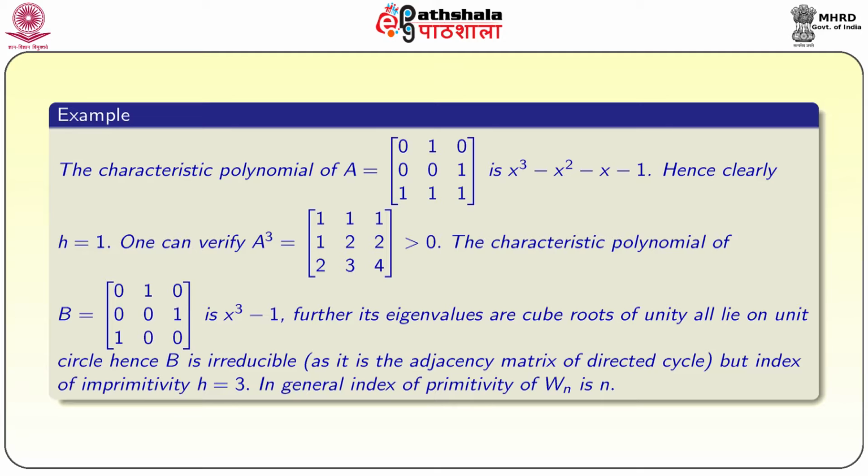So, though B is irreducible, it is not primitive. In general, for the directed cycle on n vertices the index is exactly equal to n. So, all adjacency matrices of a directed cycle are examples of irreducible but not primitive matrices. Not only that, their index is the highest, equal to n.